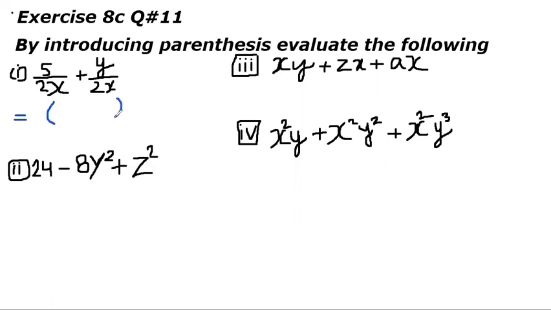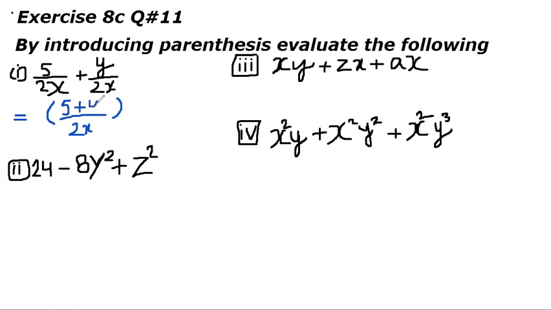When the denominators are the same, we can add the numerators. So we will write 2x in the denominator, and in the numerator we will write 5 plus y.